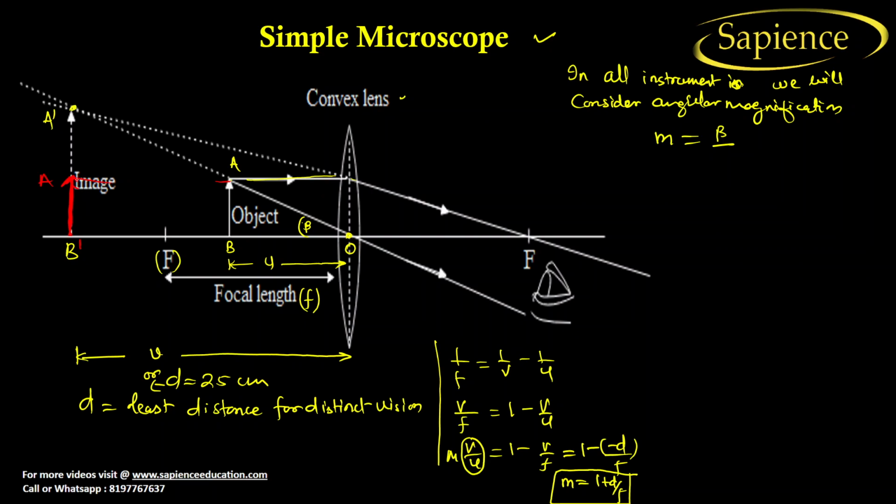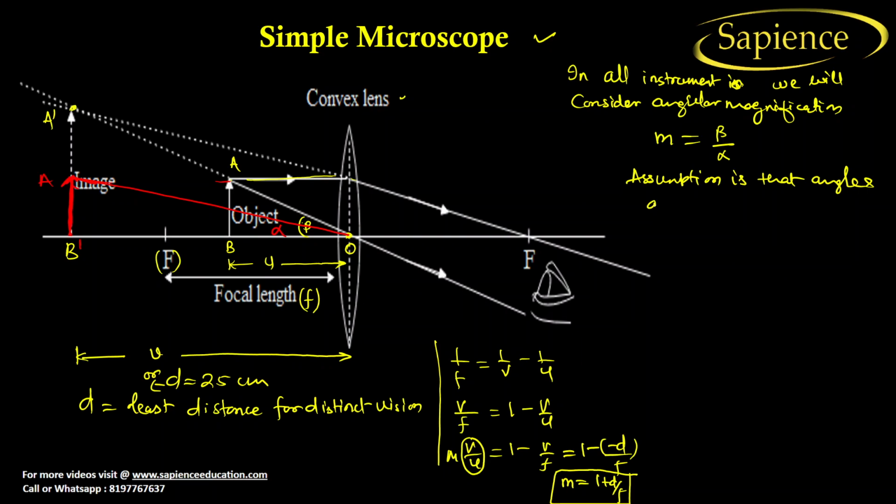This object is forming an angle, and this angle is considered as alpha. So from here we can say that the magnification is equal to beta by alpha. Our assumption is that the angles are very small.